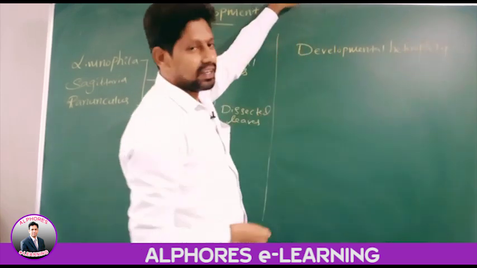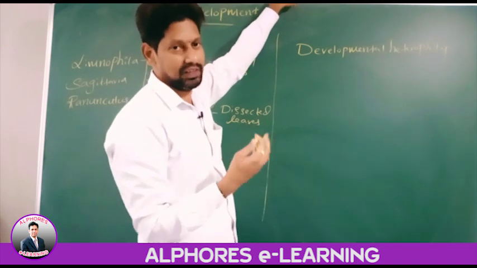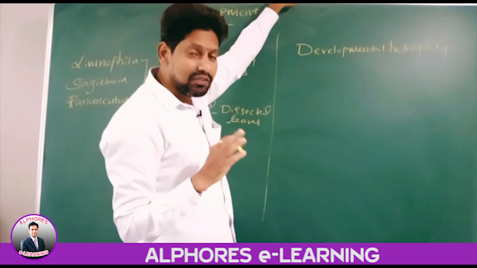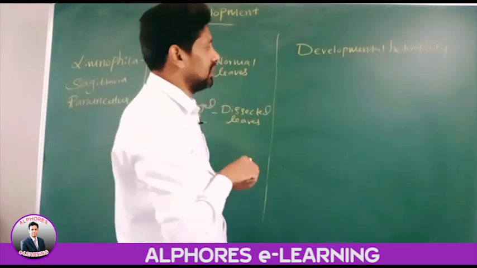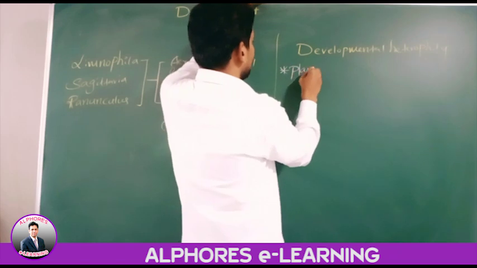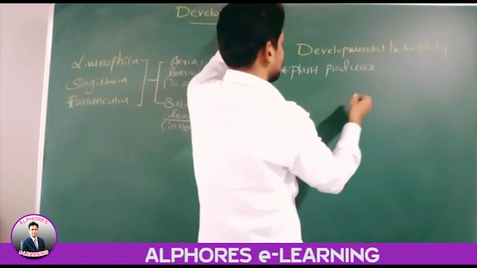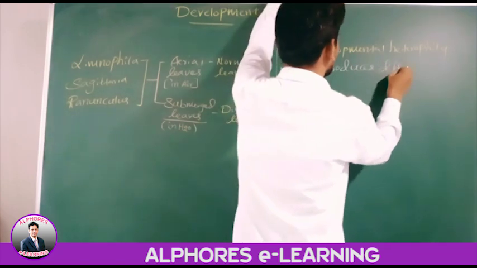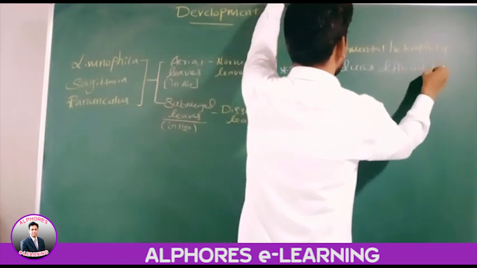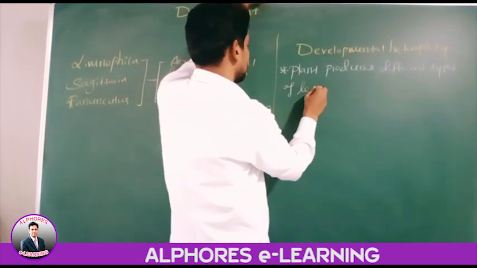The name itself indicates that during different developmental stages, the plant produces different types of leaves. The plant produces what? Different types of what?